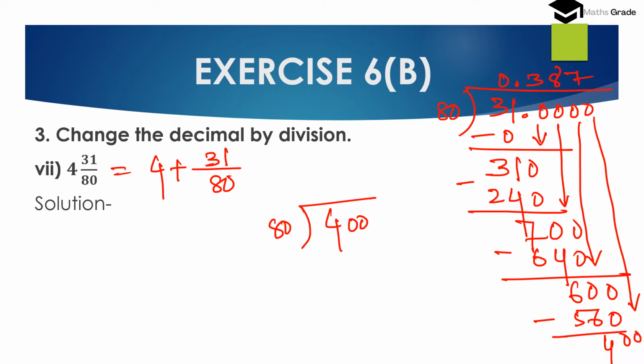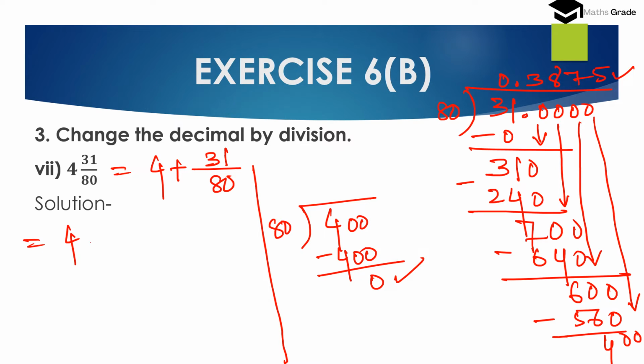Now in the table of 80, if we multiply 80 with 5, it is 400. Now 400 minus 400 is 0. Now it is 0.3875, which is the decimal of the fraction 31 divided by 80.